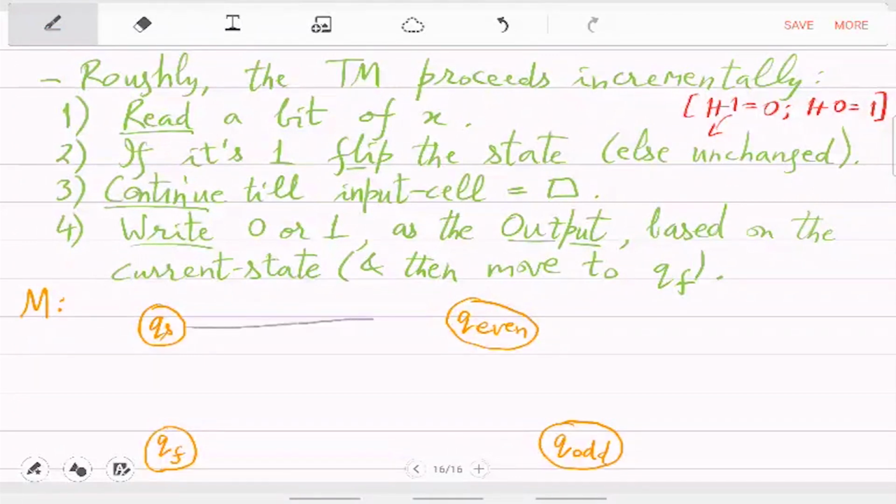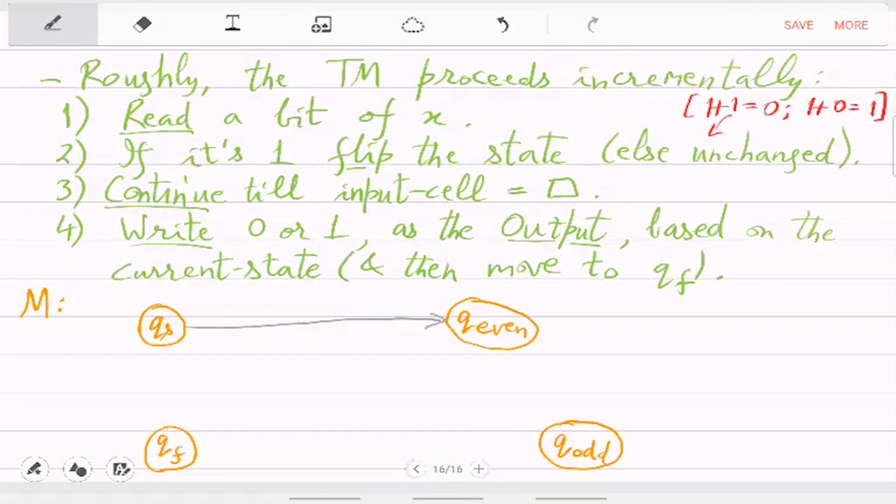Now think of the vertices as the states and edges as transition function values. So when would the transition function say to move from state Q_S to Q_even?